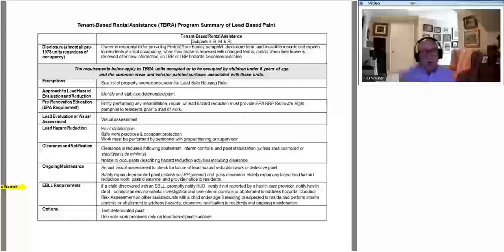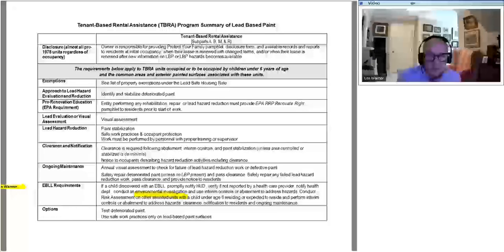Part of the requirement would be that an environmental investigation be done. That environmental investigation includes a risk assessment plus some additional criteria looking at environmental factors, trying to determine the cause of this child having an elevated lead level.